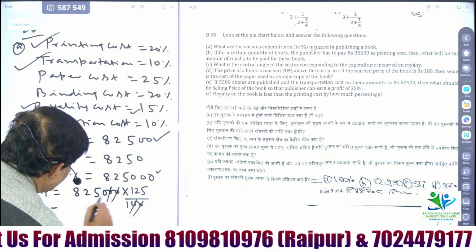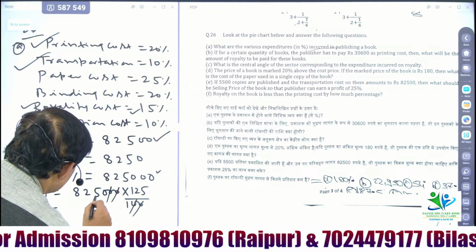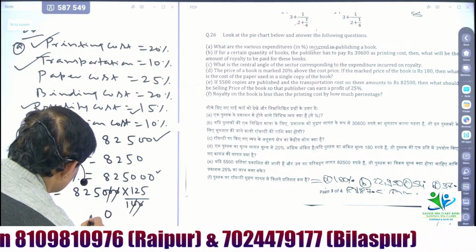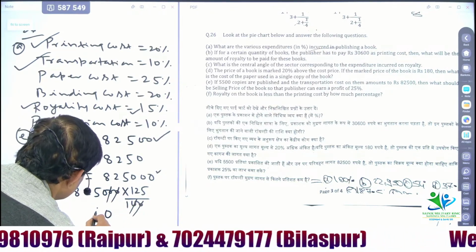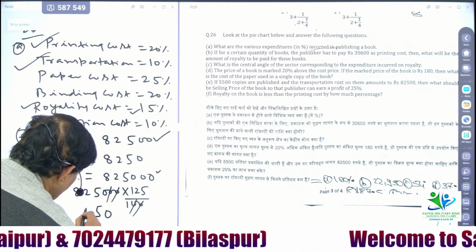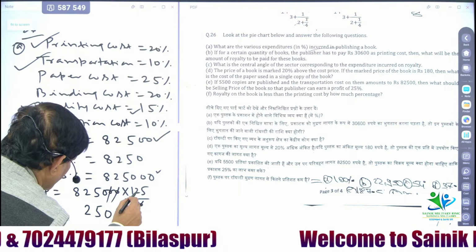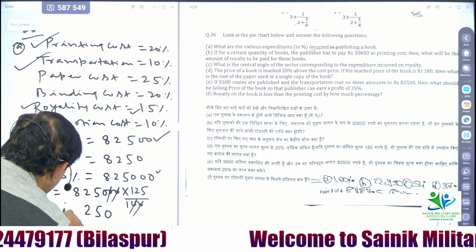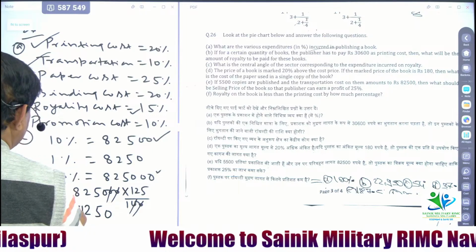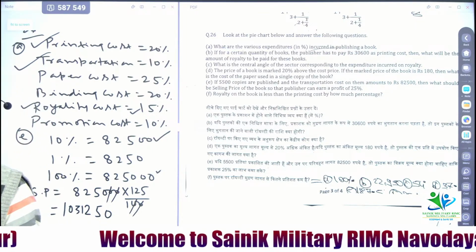So multiply here, that is 125 into 5, 0 is there, 125 into 5, that is 625, 62,250 and 62,312, 31 and 1031, that is 1031. That is the SP of 5,500 books.